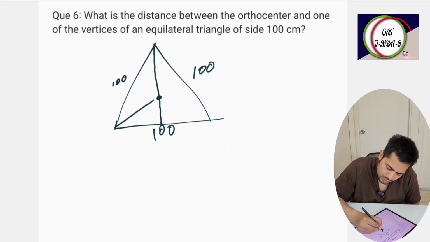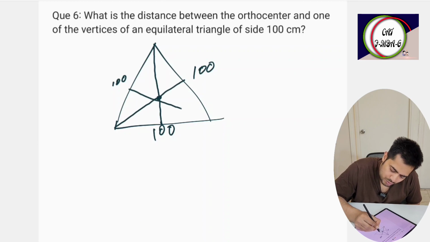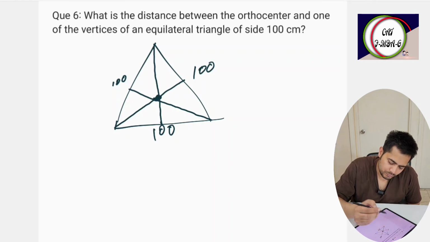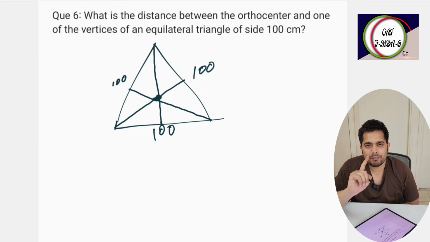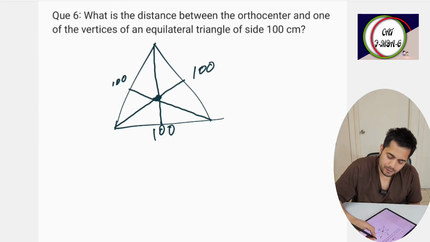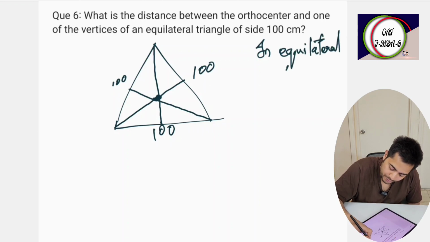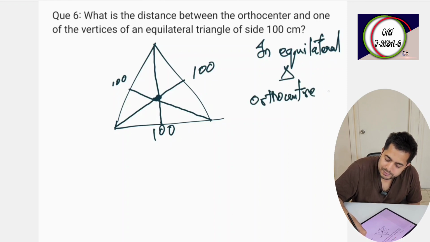This is also the center, and this is the intersection of the altitudes. So always remember that in an equilateral triangle, while solving questions, the orthocenter and centroid are at the same point.